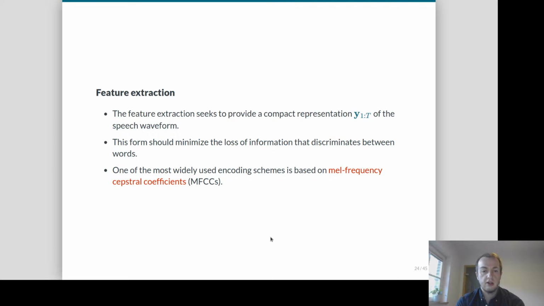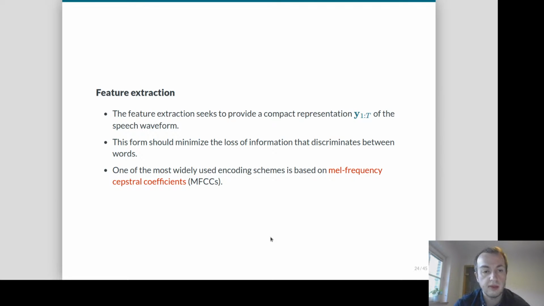These acoustic vectors should be designed such that they minimize the loss of information that discriminates between words. So typically we would process this sequence of sounds in a way where we remove noise or other irrelevant parts, as long as we keep what is really necessary to distinguish the words spoken in this sequence.